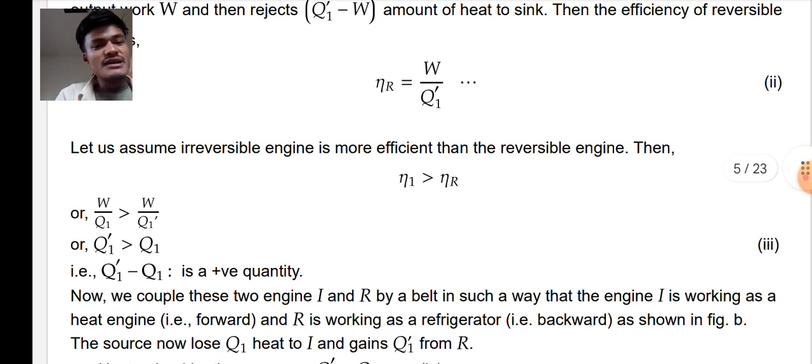Let us assume the irreversible engine is more efficient than the reversible engine. Then eta I is greater than eta R, so W by Q1 is greater than W by Q1 dash. Obviously Q1 dash is greater than Q1, so Q1 dash minus Q1 is a positive quantity.